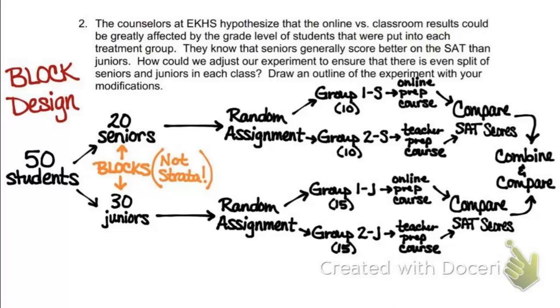It is possible, not likely, but it is possible that I end up with this unfair split. I have more top scoring students, more students with high GPAs in one group versus the other. And that could make my results difficult to interpret. It might lead me to one conclusion when that's actually not the case. We want to try to control for that in any way possible.